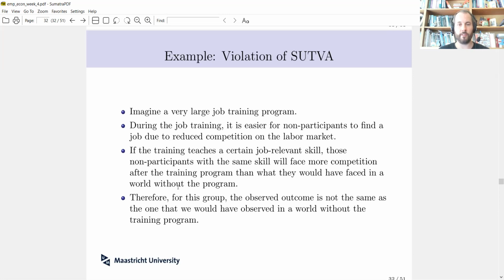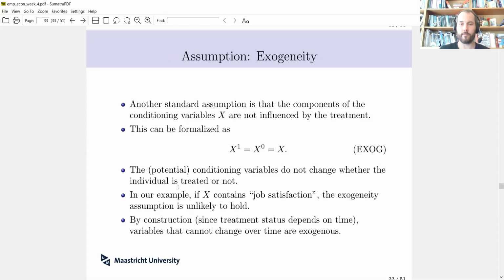And then you simply distribute the solutions among the whole group, as the students would of course do, right? In that case, there's no way for me to observe any potential outcome without the treatment, meaning without the solutions. And the SUTVA assumption would be violated, because the potential outcome of the treated contaminates the potential outcome of the non-treated, because you distribute the solutions. Okay. The next assumption is called exogeneity. It's something that we have seen before.